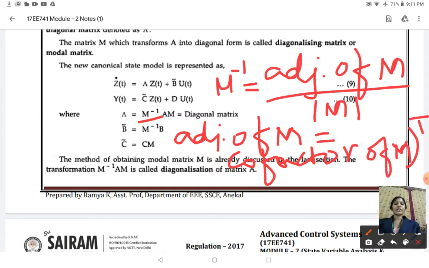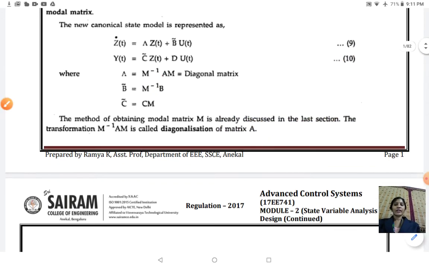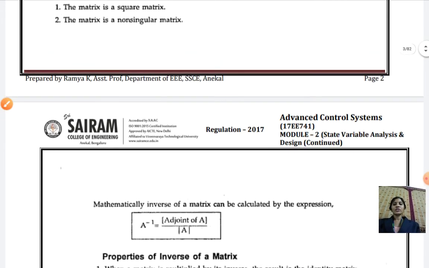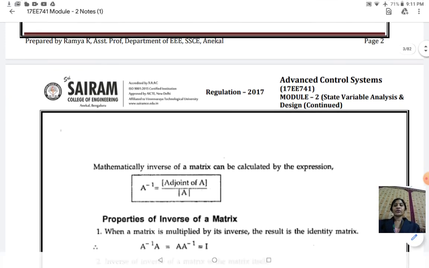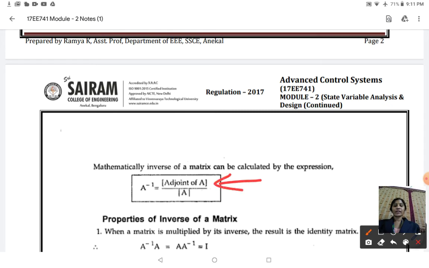In the next class, in the next topic, I'll tell how to identify the adjoint of M and the cofactor of M. So to identify any inverse, you have to use adjoint of the matrix divided by determinant value of your matrix.